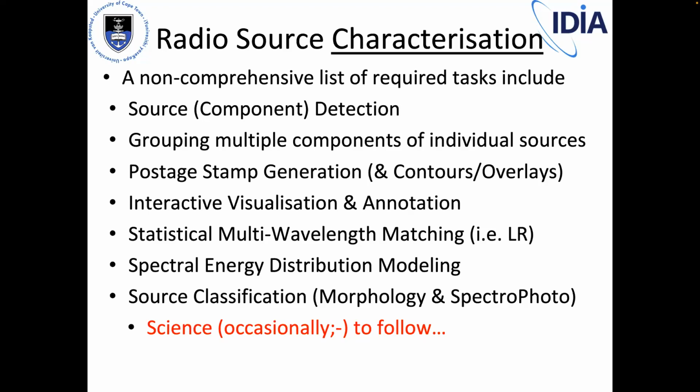You would like to be able to do detailed spectral energy distribution modeling using physical models. And at the end of the day, we would like to be able to classify the source as one of our favorite classification schemes, whether it is different kinds of AGNs, different kinds of star-forming galaxies, or different kinds of shapes in galaxies, and so on and so forth.